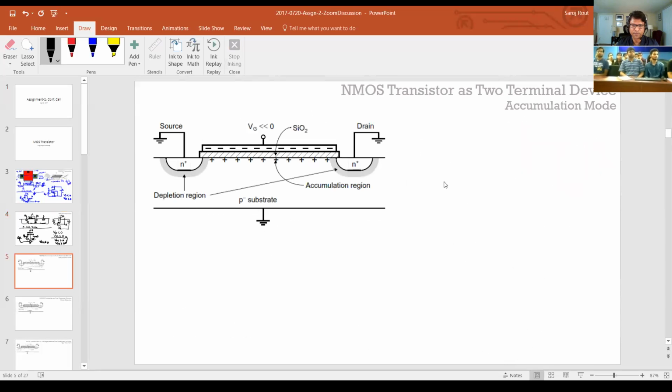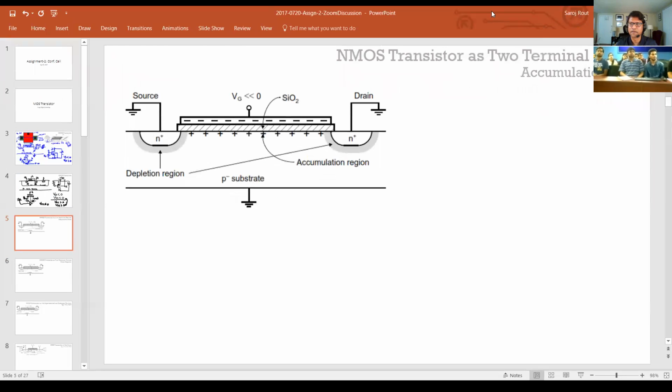So I just showed you a physical picture of it. How does it function? Okay, so this is the same transistor again. Like I said, the source is typically source, but since both of them are grounded, it can be either source or drain because there's no current flowing through them.